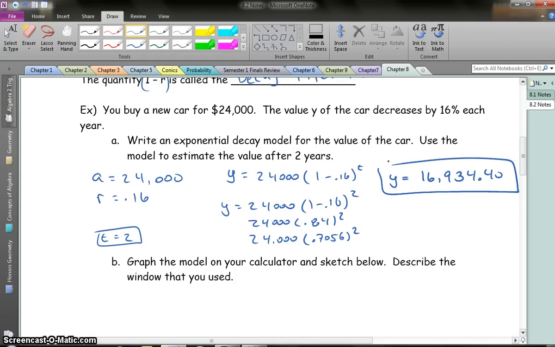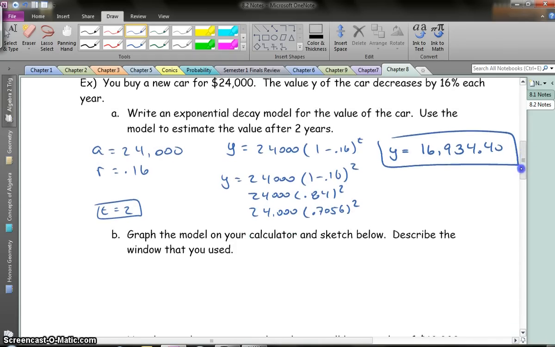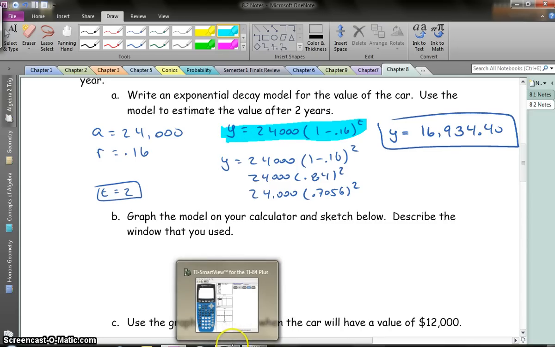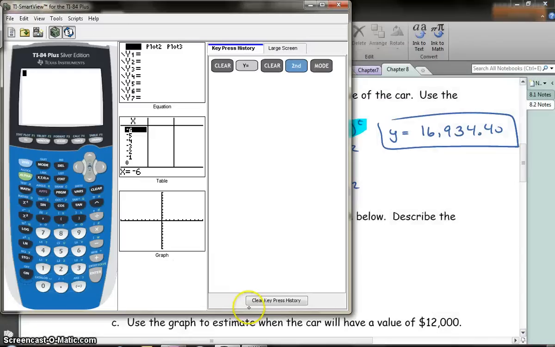Now, part B says, graph the model on your calculator and sketch below. Describe the window you used. So the model is our equation from right here. Let's take out our calculators. We're going to graph that.